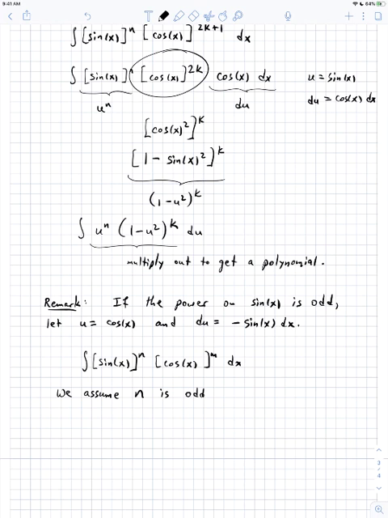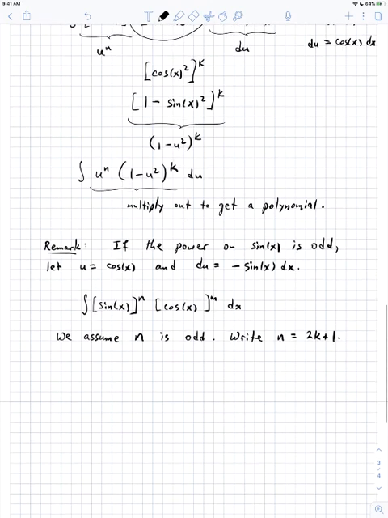So if we assume that n is odd, then we write n equals 2k plus 1. Again, 2k is always even, so if you add 1 to it, it's always going to be odd. And then what do you have? You have the integral of sine x raised to the 2k plus 1 times cosine x to the m dx.